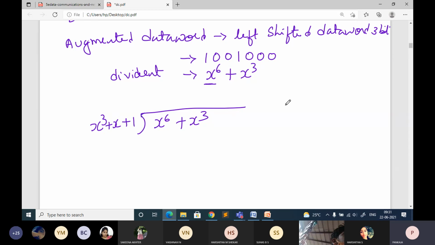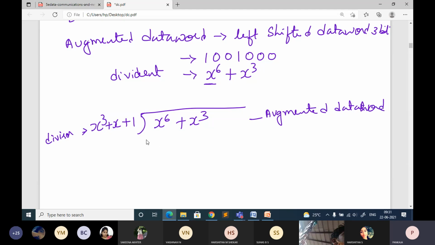When you want to do division, you need to take the first term of the divisor from the augmented data word. So you write all those things here. This is the divisor. Because you get more marks, you need to label the things properly. And this is the augmented data word. You are just appending the extra bits as zeros here. I cannot tell this is a code word, it is a data word.